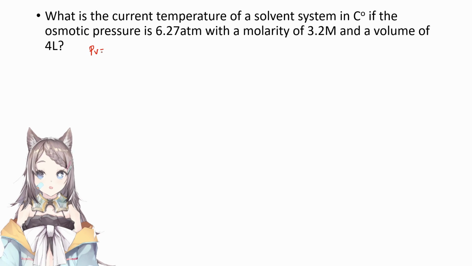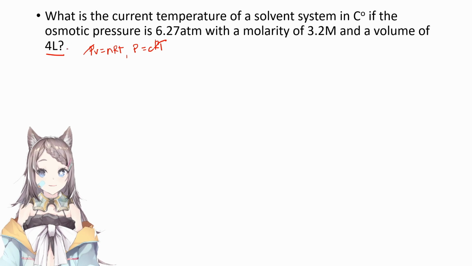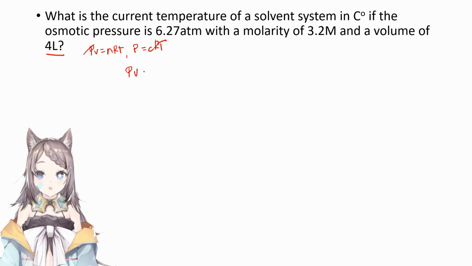We have PV equals nRT, and we also have P equals CRT. I would like to elect to use this one since we have a specific volume in our problem. So PV equals nRT. Our pressure is 6.27 atmospheres. Our volume is 4 liters.